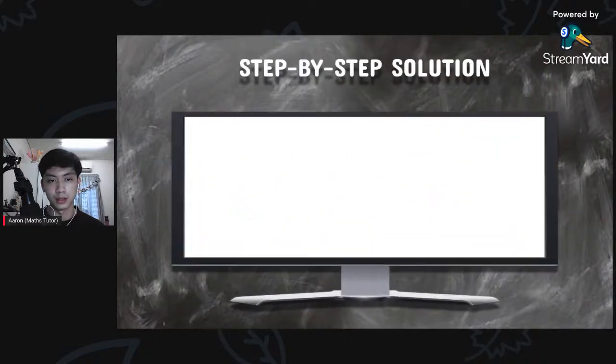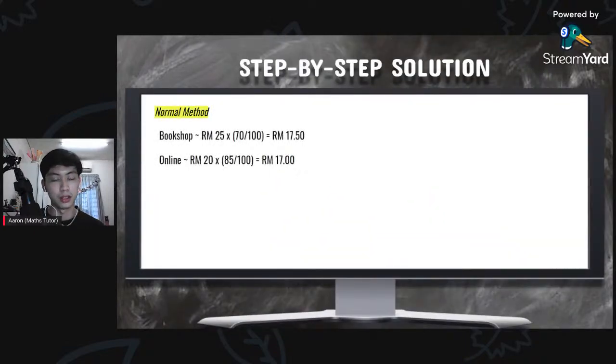Using the normal method, for the bookstore, we have 25 ringgit original price, times 70%, which is the final price you will get, because he got 30% discount. Or you find the 30%, then you minus from 25. The same thing. So this one is the normal method.